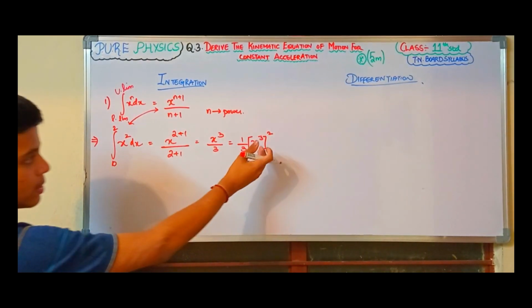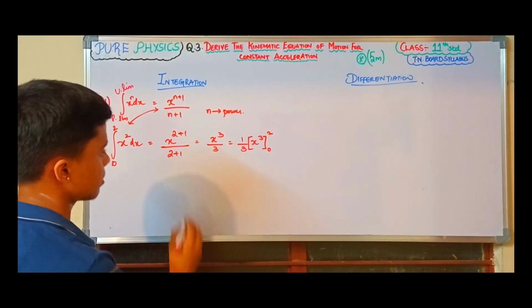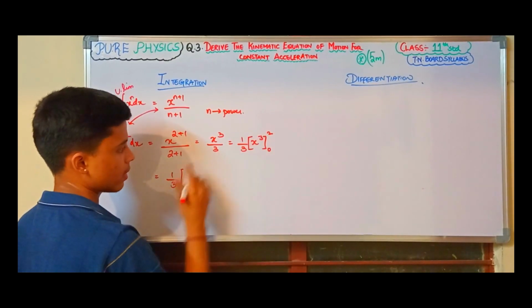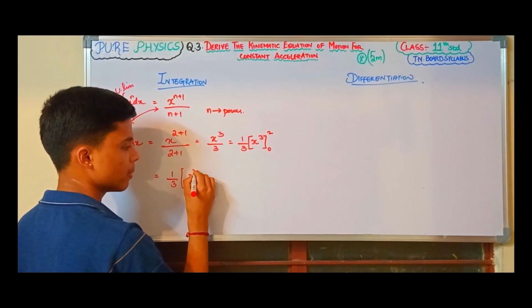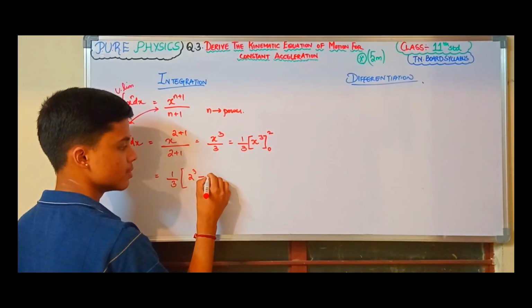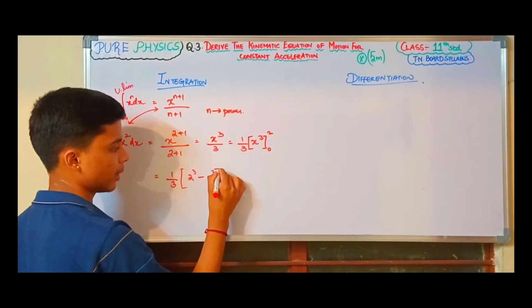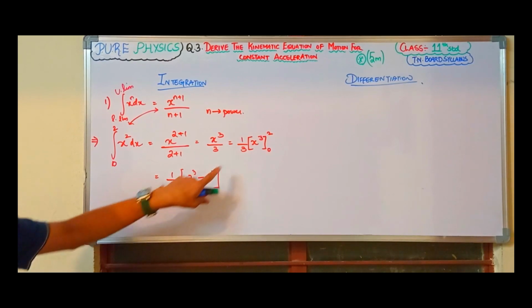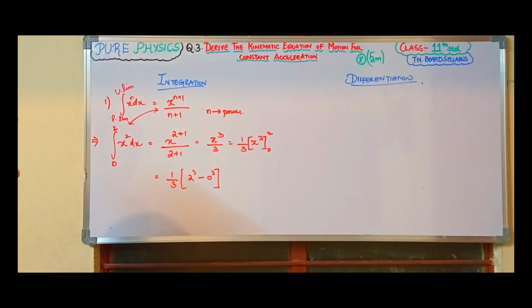Now you're going to substitute 2 and 0 in the place of x, which is 1 by 3. In the place of x, you substitute 2, so 2 cubed. You will subtract 0 cubed from 2 cubed. This is what substituting the limits in x means.